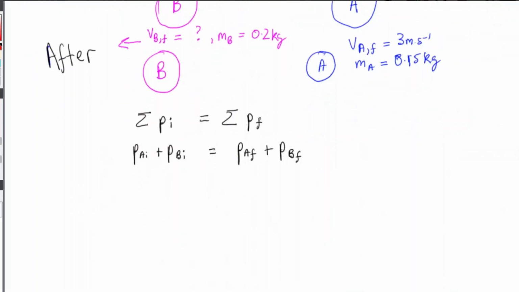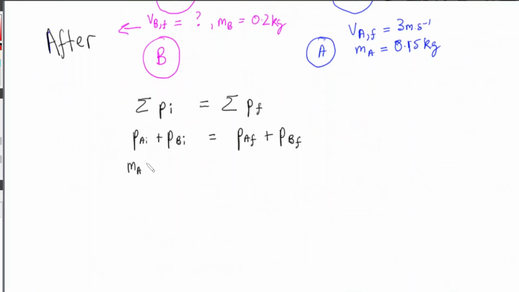Our P of A is going to be mass of A times the velocity of A. And because this will be the initial condition that we're looking at for A, we'll put an I on V, and the masses will obviously remain constant throughout. Then we'll go ahead and look at our P of B, the momentum of B terms, and that'll be M of B times VBI. We'll go ahead and do a similar thing to the right side. So the momentum of A in the final condition is just MA times VA final.